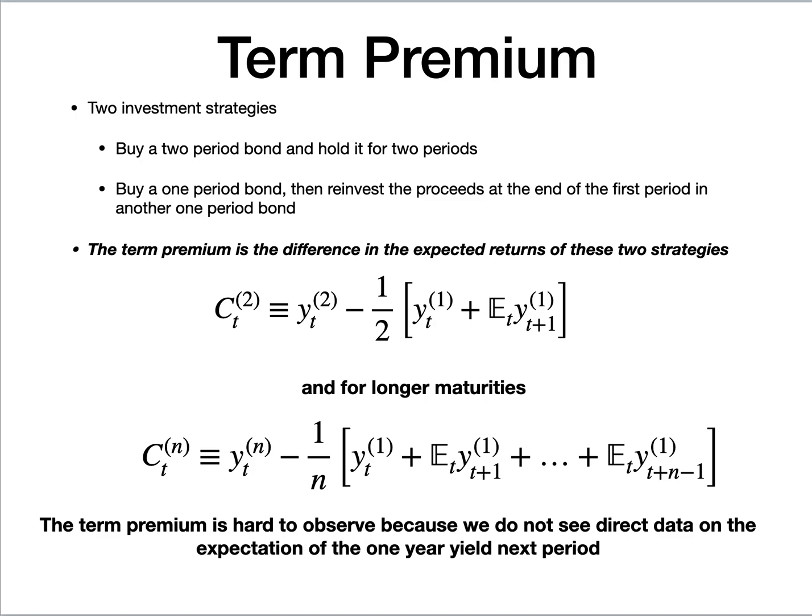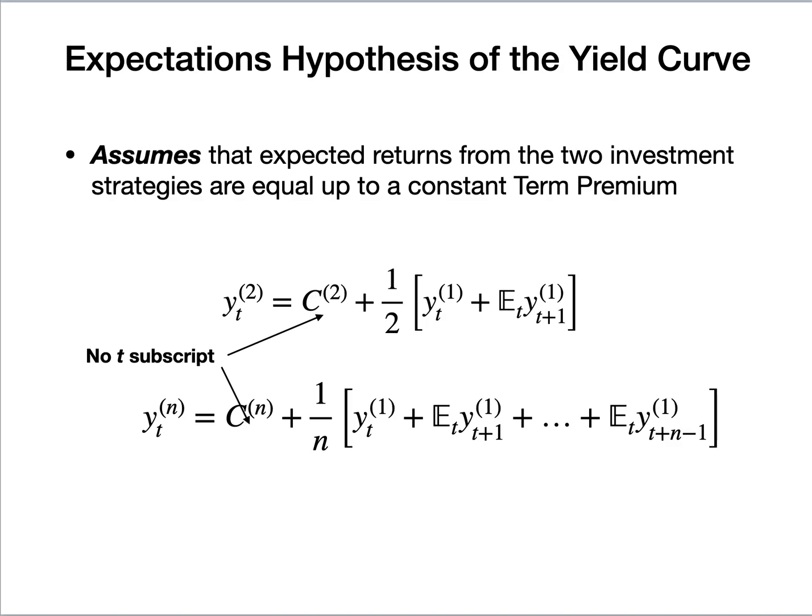The expectations hypothesis of the term structure is a hypothesis or a model that assumes that these term premia are constants that do not vary over time. So that's a structure that the model imposes on the data, and it's a structure that we might try to evaluate whether it's true or not.